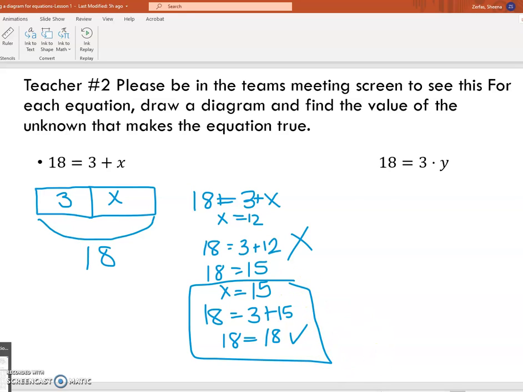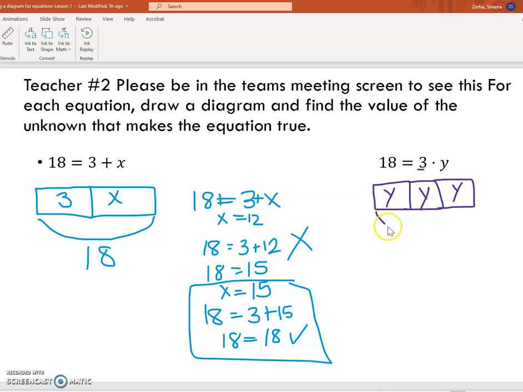Okay, we're going to follow that same process for the multiplication. Remember when we model this multiplication, I'm going to draw 3 boxes, because 3 is first. For right now, I don't know the value of the box because I have 3 times y. So I'm going to put y inside.